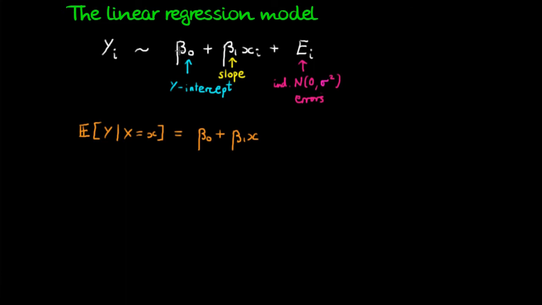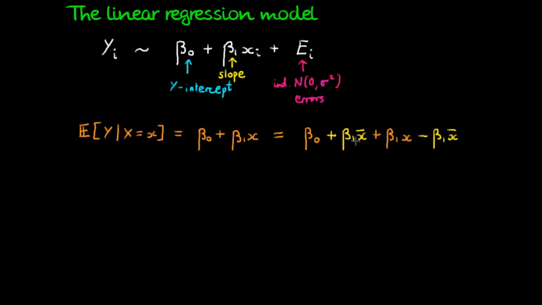What do we get? Well, we get beta naught plus beta 1x plus the expected value of epsilon i, which is 0 because the epsilon i are normally distributed with mean 0. Now I'm going to rewrite that slightly for algebraic niceness of what comes later. I'm going to add something on and take it away, and that's going to be beta 1 x bar.